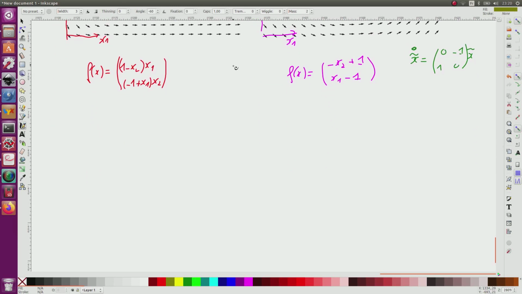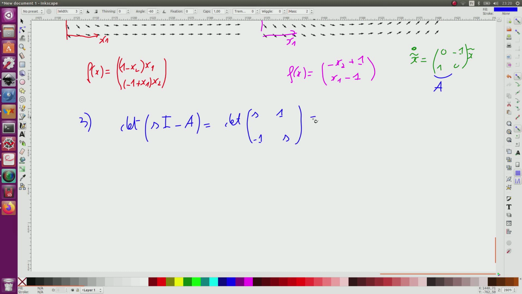So question number 3. The matrix A corresponds to this, and I have to compute the characteristic polynomial to find the eigenvalues. So I will compute the determinant of s identity minus A, which corresponds to the determinant of s minus 0, s minus 0, and here plus 1, and here minus 1.